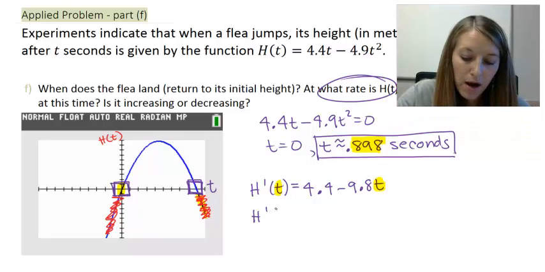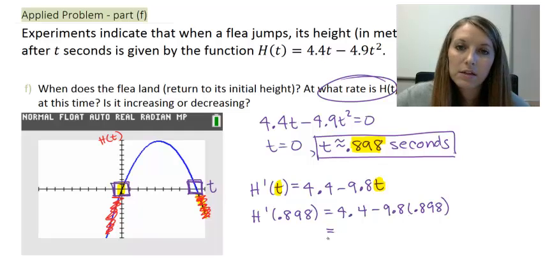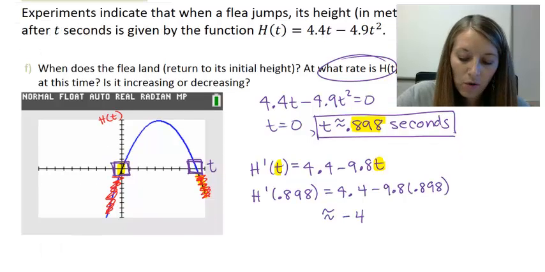So h prime of 0.898, just doing the math in one big step, is approximately negative 4.4.